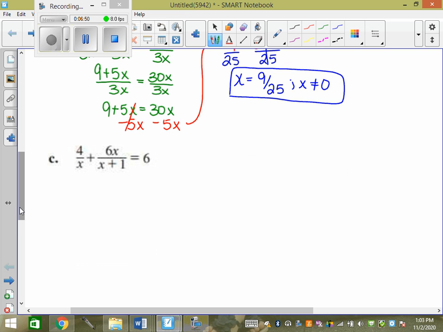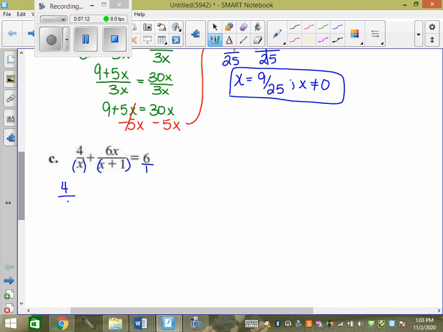Okay, this one we have a monomial x, we have a binomial x plus 1, and then we have 1. Can we make monomials be binomials? No. So we're going to have to multiply the x by x plus 1, the x plus 1 by x, and 6 by x and x plus 1.